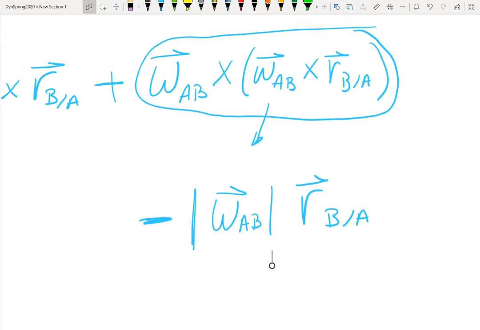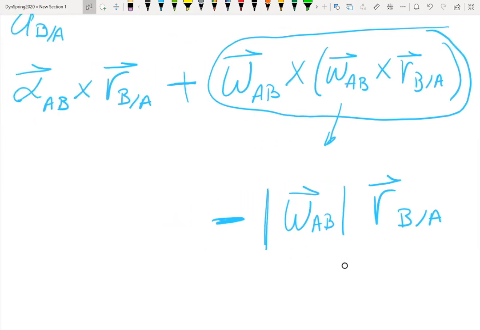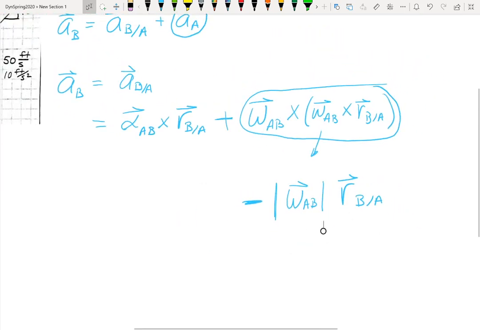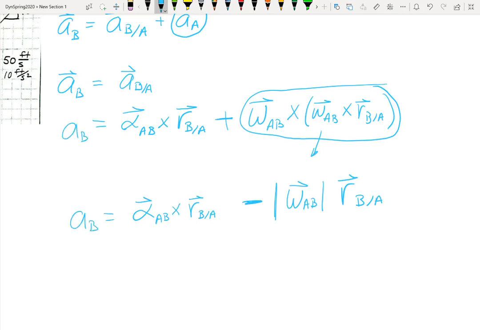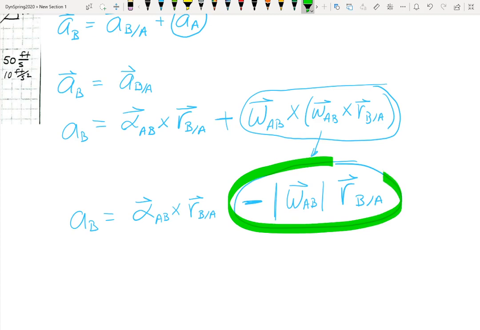So you're sitting here looking at this, and you're saying, well, I got two components. Now what we're going to do is focus on these two. Acceleration of B. So in fact, this one is exactly the same thing as that one.